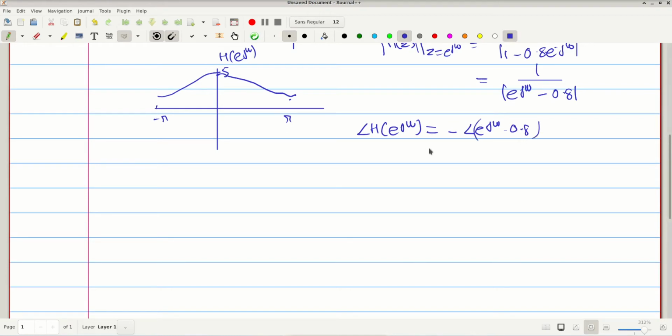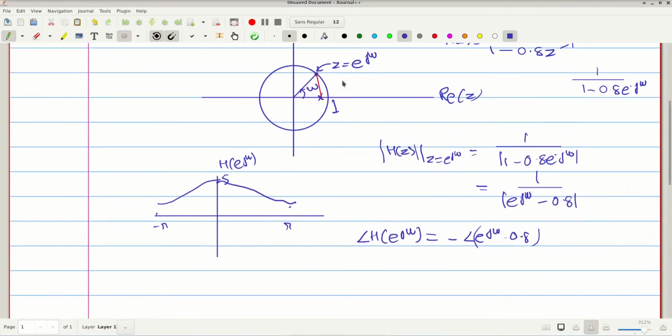This is what it is. So we need to just find the angle made by e power j omega minus 0.8. If you consider it like vectors, e power j omega is this vector and 0.8 is this vector. You take the vector difference, then you're going to get this.